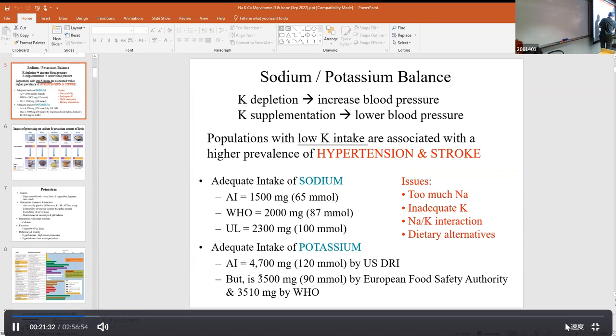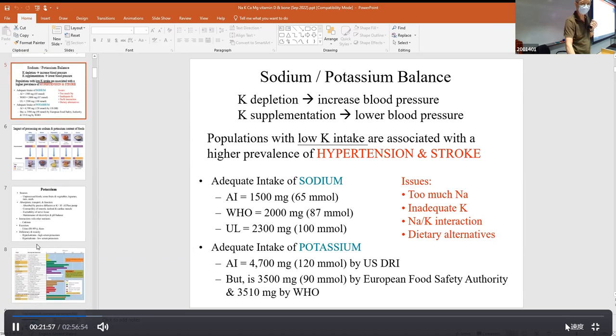They decreased this because they think too much potassium may not necessarily be good, and therefore it is not a good idea to recommend a high AI. Presumably 3.5 gram they think will be good enough.